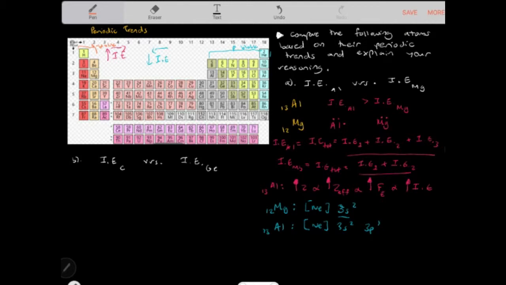Off this notion, the valence electron for aluminum is further away from the nucleus than for magnesium, right? So there is a distance association. Aluminum's electron configuration has the 3s2, but then you also have the 3p1 electron, which is a further distance from the nucleus.